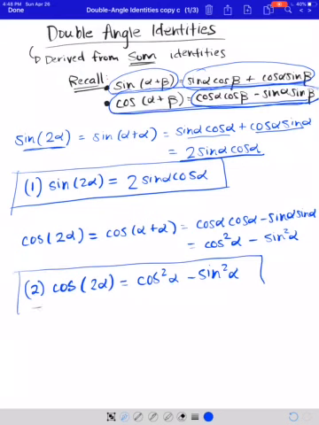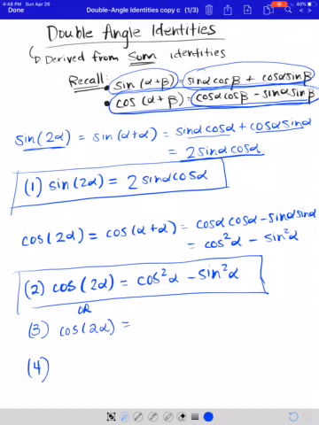Now there's actually 2 other forms for the double angle identity for cosine, and I'm just going to write down what they are. I'm not going to derive them, although deriving them is not difficult. All you have to do is use the Pythagorean identities. But I'm just going to write down what they are, and then we'll move on to some examples. So our other 2 forms for cosine of 2 alpha look like this.